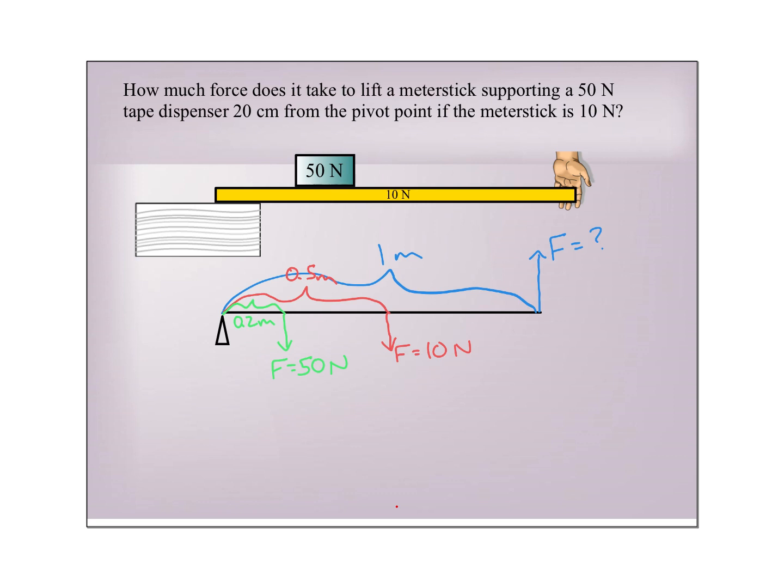Now, as I said, when we set up our equation, upward forces on one side, downward forces on the other side. So I'm going to just go with F times 1 meter equals, and then I'm going to put it in parentheses to separate it out, 10 newtons times 0.5 meters for the meter stick plus 50 newtons times 0.2 meters for the tape dispenser.